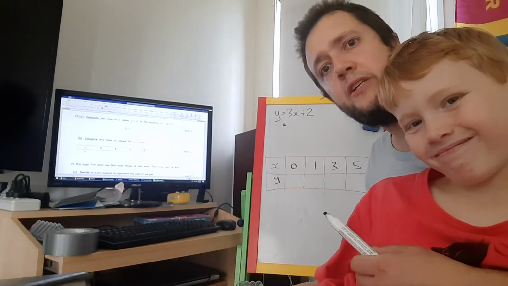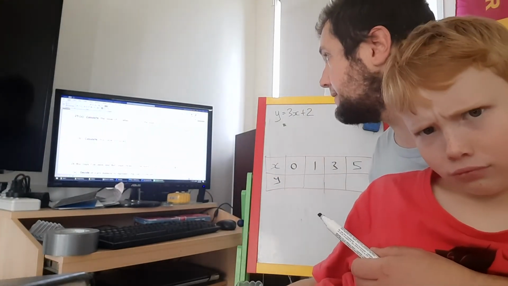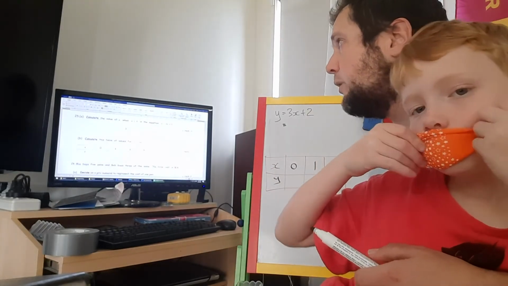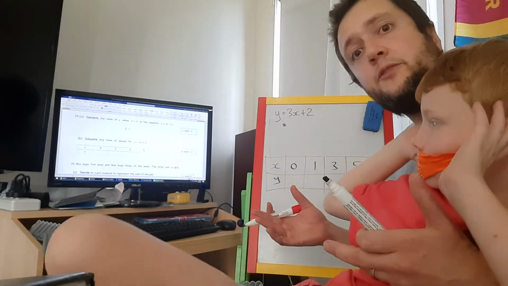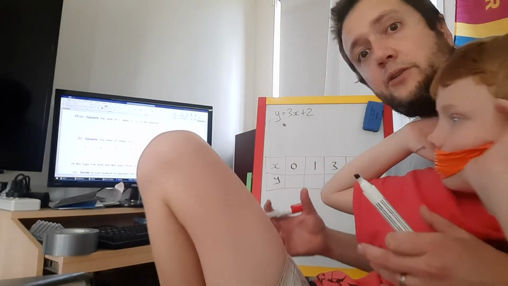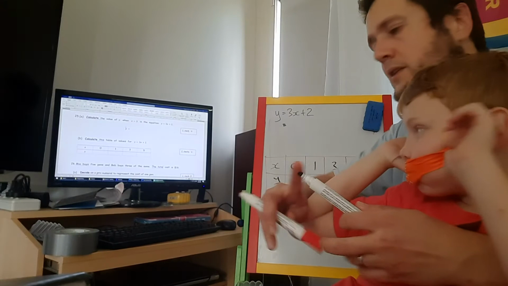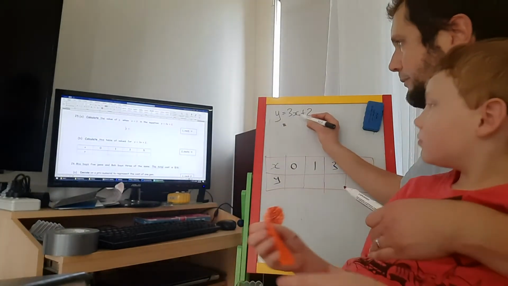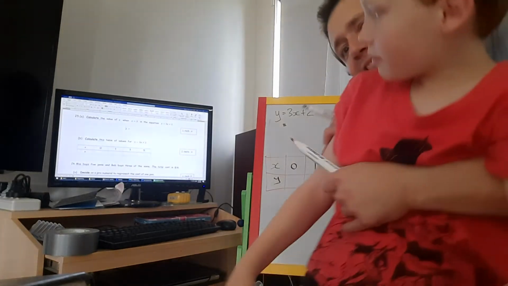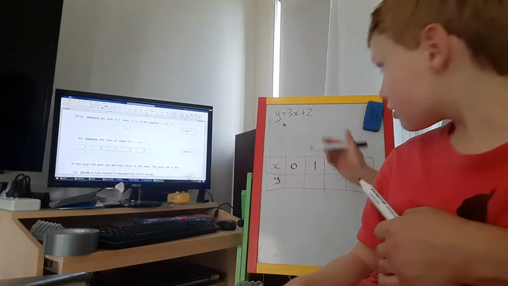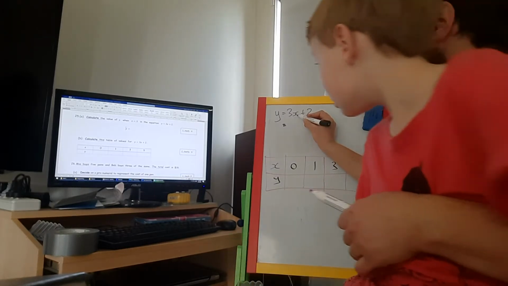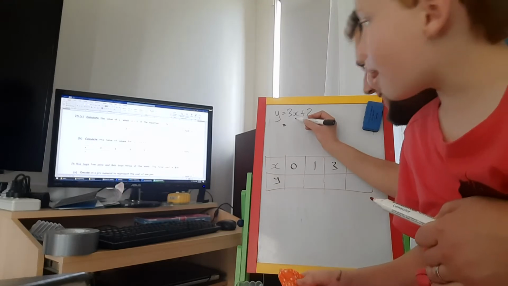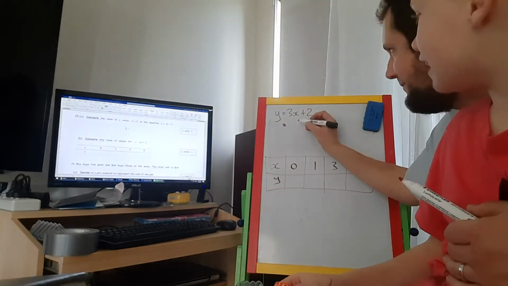And now for question 25, we have a rule. The rule states that y equals 3x plus 2. And it says, what's the value of y when x is 3? So we need to put the value of 3 in as x. What are we going to get, Anthony? If x is 3, what are we going to get? 9.